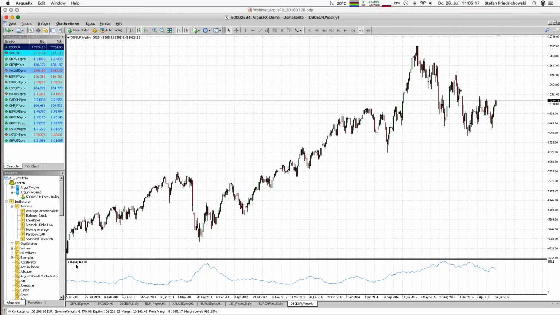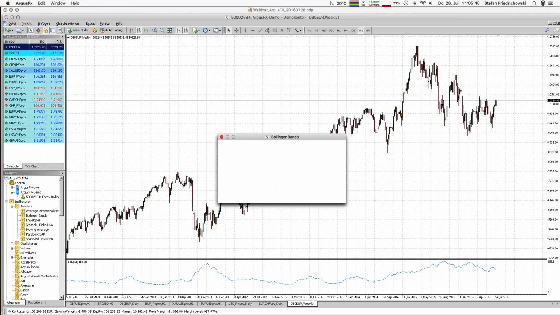And he mentioned already that he uses an ATR period of 14, and that is the ATR which is plotted here in the lower window of my screen. But now the question is, how can I get for my strategy a good ATR multiplier? And that can be done, for example, via the so-called Bollinger Bands.